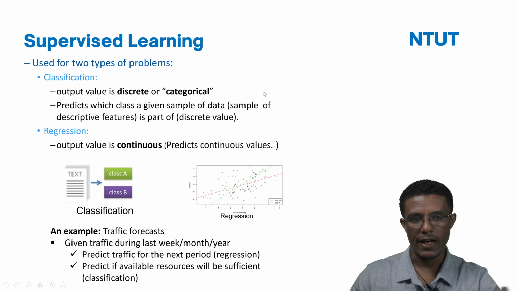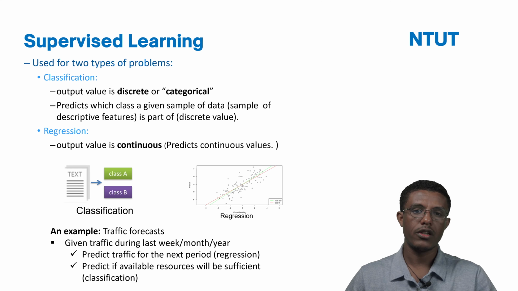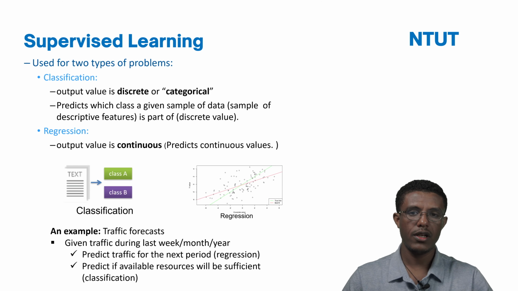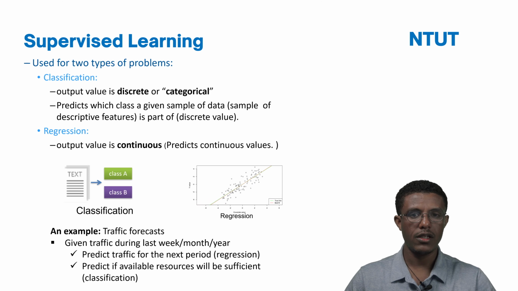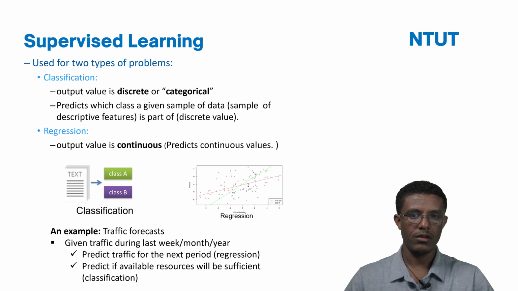That means it predicts which class a given sample of descriptive features belongs to, a discrete value. So in classification, supervised learning is used to classify data whose nature is discrete or categorical.